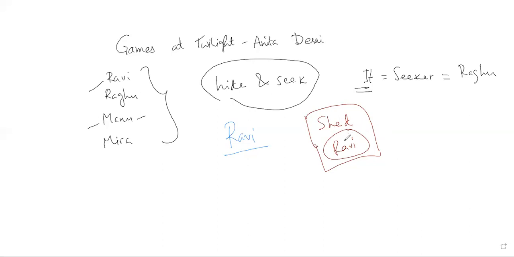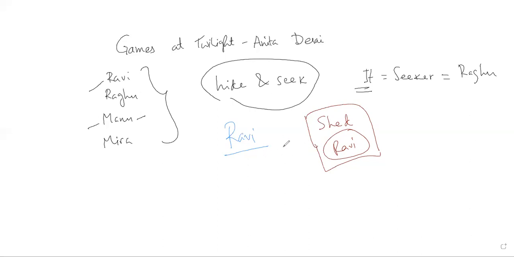The atmosphere of the shed seems very frightening to Ravi. But when he starts seeing the shed, he sees that there are some old pieces of furniture, and one of them is a bathtub where Ravi stays. Ravi sits in the bathtub, and he hides himself there.